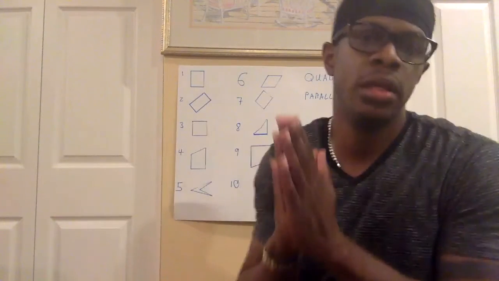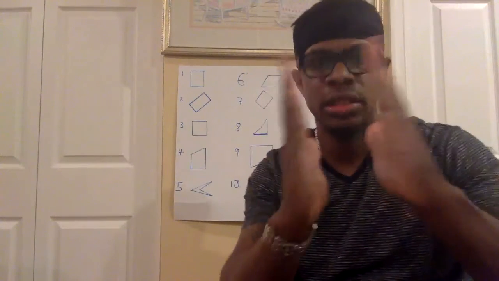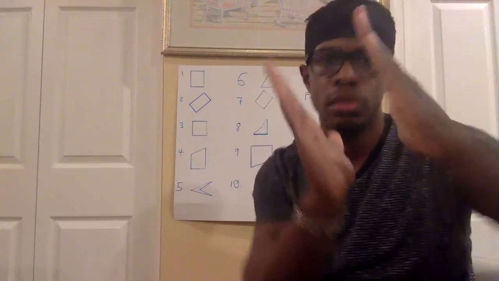So parallel or opposite means they're the same. These would be parallel lines, or in IXL, it's going to say opposite lines sometimes, but it's the same thing. So parallel lines, if you keep going on imaginary lines, will never touch.